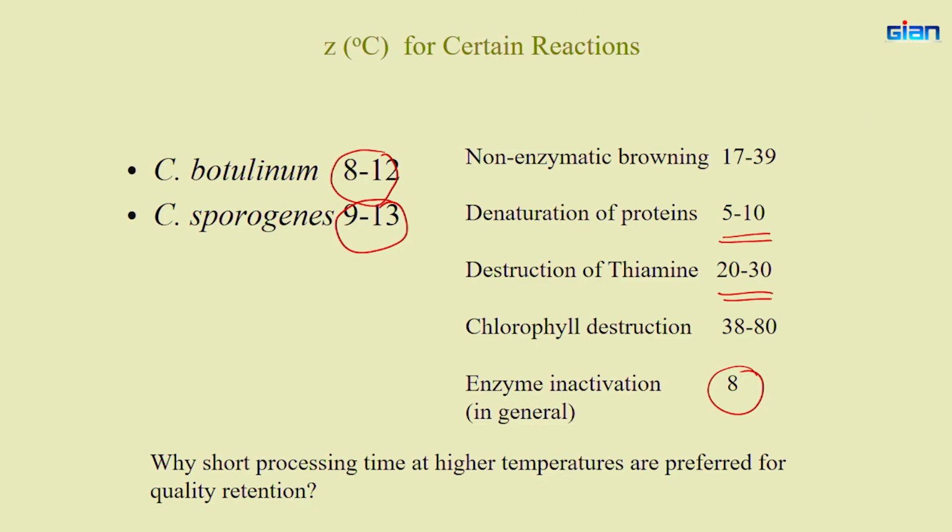On the other hand, your time in destruction is 30. So, they are relatively very heat stable. So, you are not going to make major changes in the time and value when you change the temperature from one to other. When you try to evaluate your process design, you have to look at the key nutrients and the target microorganisms, and then play around with how many log reductions of bacteria I need.